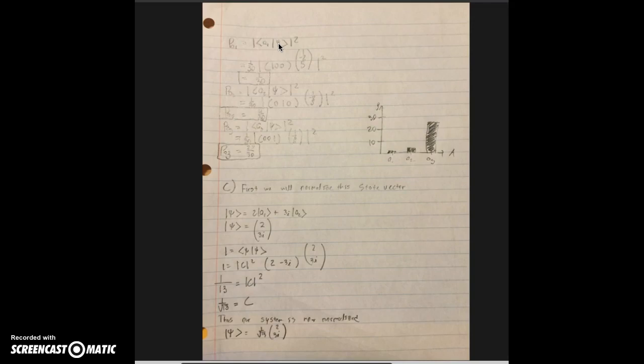So going through that, we can pull our normalization constant out, and it becomes 1 over 30 since we're squaring the inside of this. So pulling that out and performing matrix multiplication and then squaring it, we get 1 over 30.